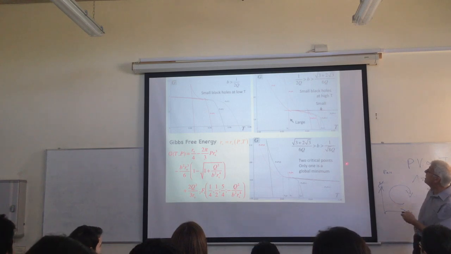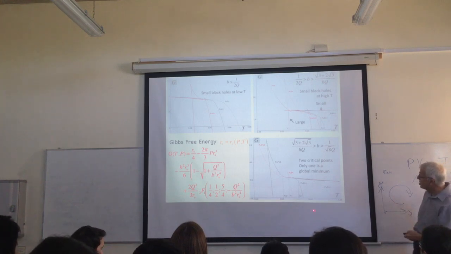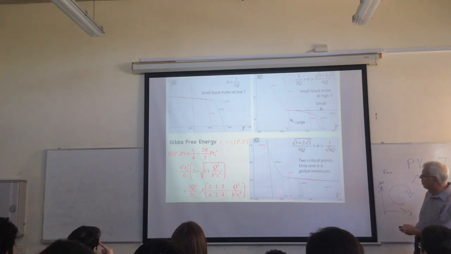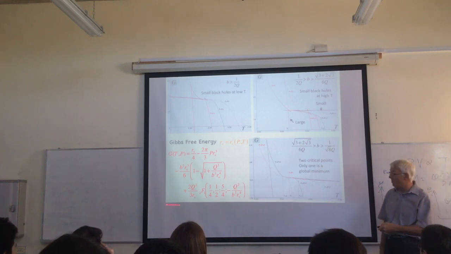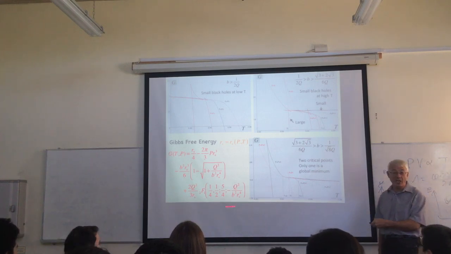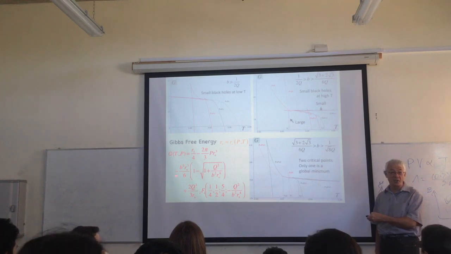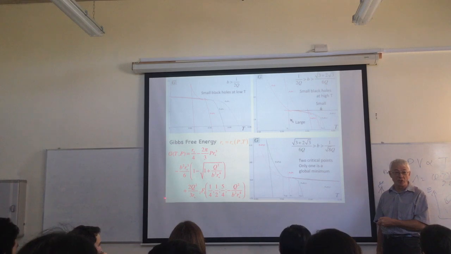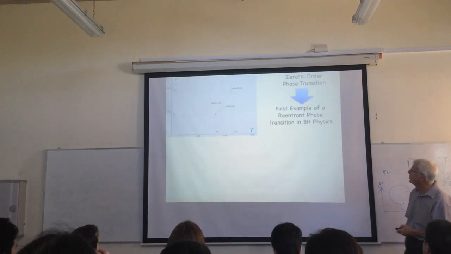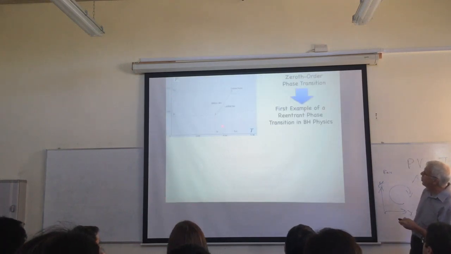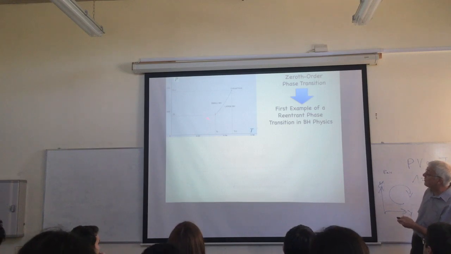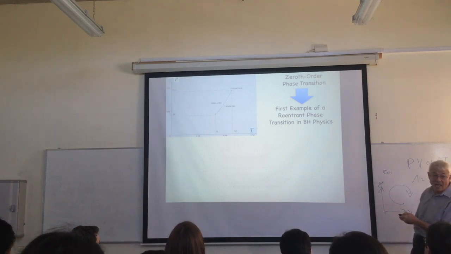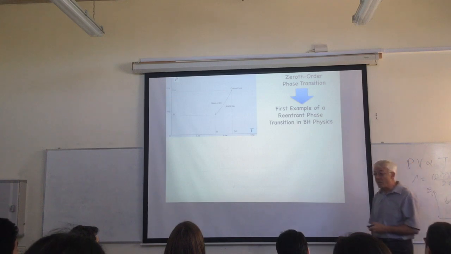And then when b is in this range here, we had 2 critical points, only one of which was a minimum, and that came from this complicated Gibbs free energy structure, which is explicitly known, but I don't have any good intuition for hypergeometric things, so you had to plot them. This 0th order phase transition, we did find this diagram, and we didn't know it was reentrant then.